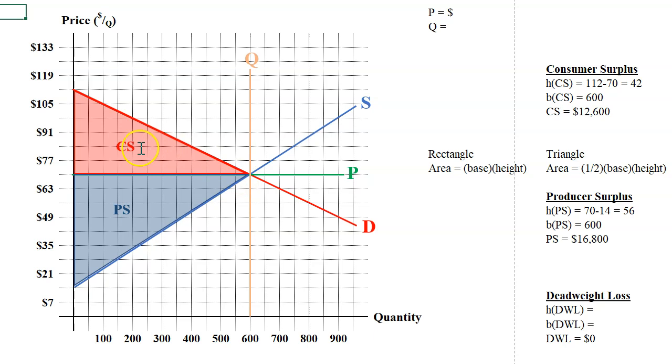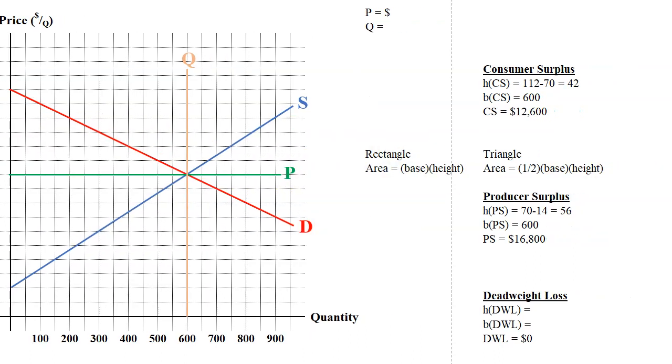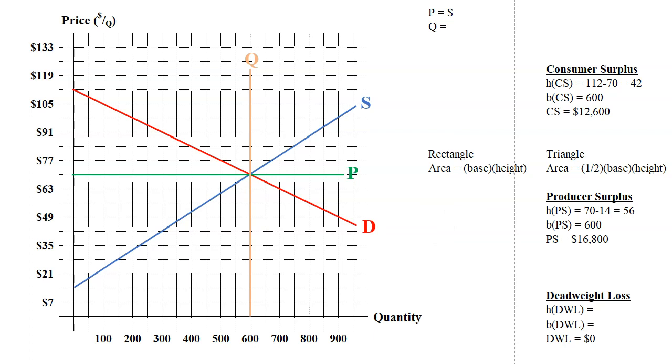All right, so what if this is a situation now where the price is not the equilibrium price? Let's say that there is a price floor. Let's say that the government has imposed a minimum price of $91.